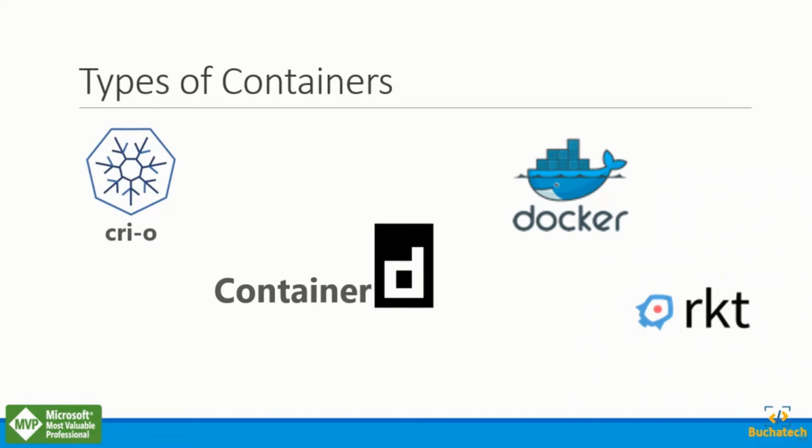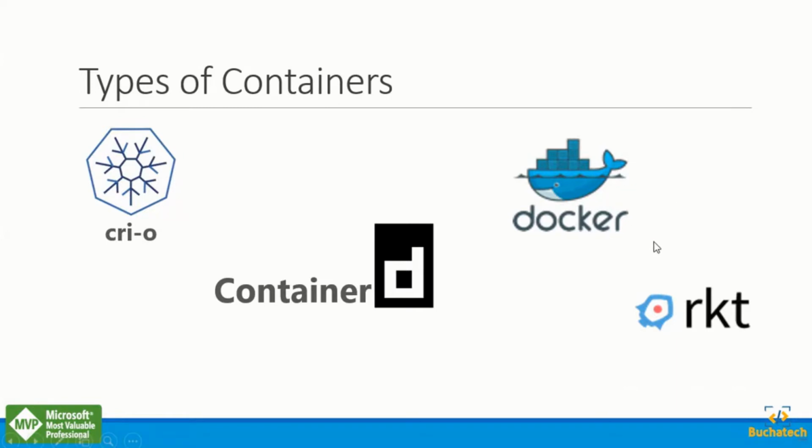SUSE has SUSE Linux, and they actually have their own container runtime, and it has commands and works much like Docker. You also have Containerd, and you have RKT, and there are many more container runtimes out there as well, and basically all of those are supported on Azure.